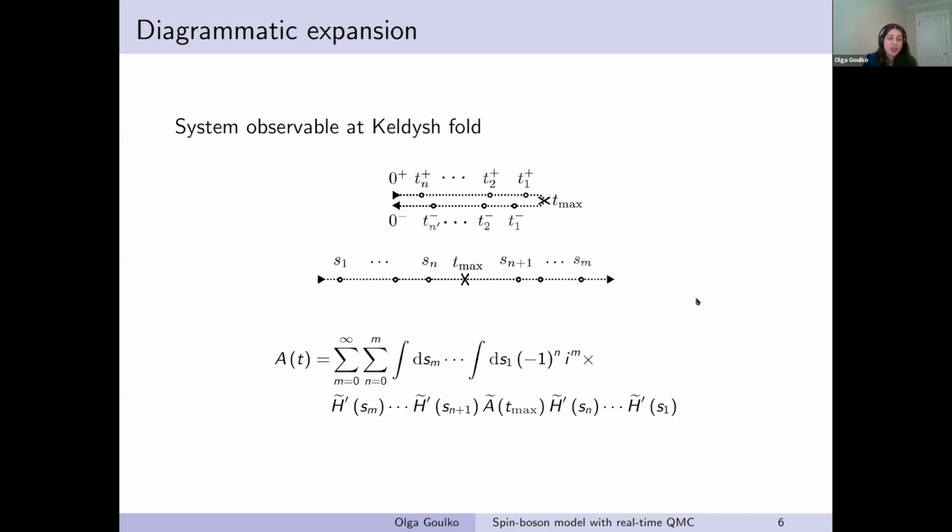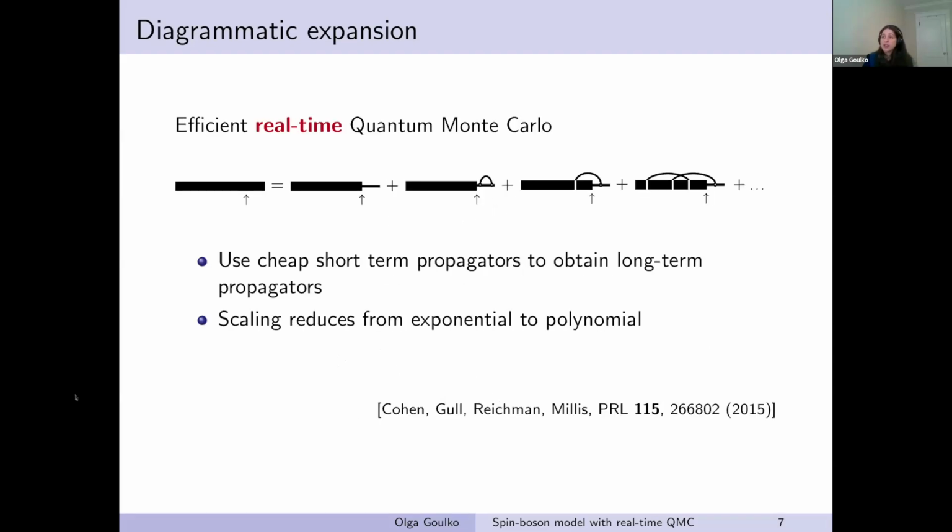So the big challenge here is how do we perform efficient real-time quantum Monte Carlo updates to address this problem? And one way to do that is the so-called inchworm algorithm that was developed by my collaborator, Guy Cohen. So just to very briefly introduce the main idea behind that algorithm: in each step of the inchworm algorithm, the previously calculated full propagator is extended by just a small amount of time.